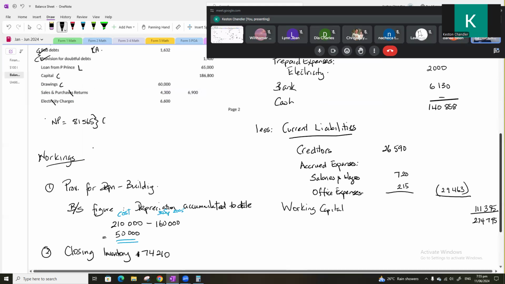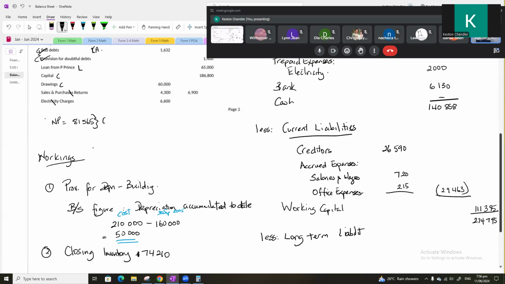Right. Now we will subtract less long-term liabilities. Long-term liabilities are those that we have to pay for in the long term, more than a year, 2 years, 3 years, 4 years, 5 years. And these usually fall in the category of loans or mortgages.